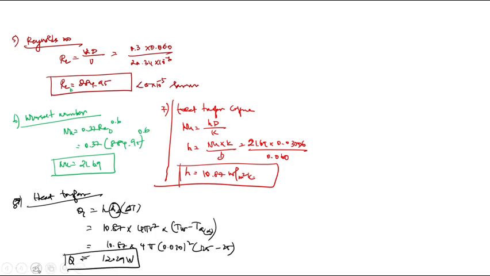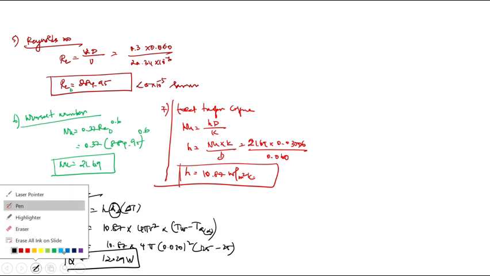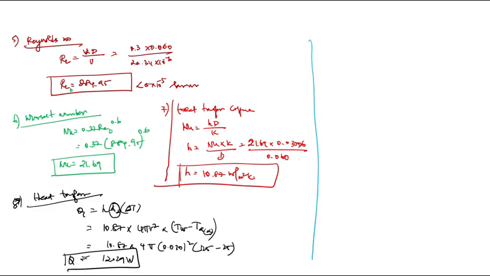Then after finding the heat transfer, we move to the next condition. What is the next condition? How much heat transfer, that is, the percentage of heat lost by convection. Here, there is a bulb having an input of, say, 100 watt. So out of 100 watt, how much heat is lost by convection? The heat lost by convection is equal to 12.29 watt.